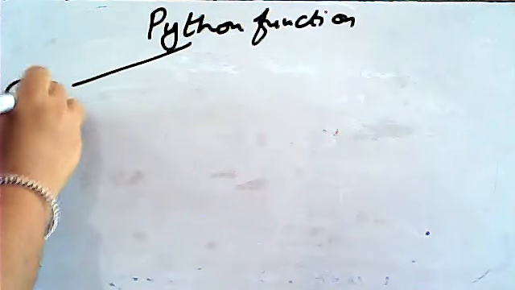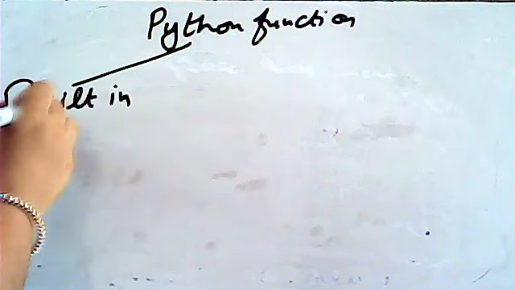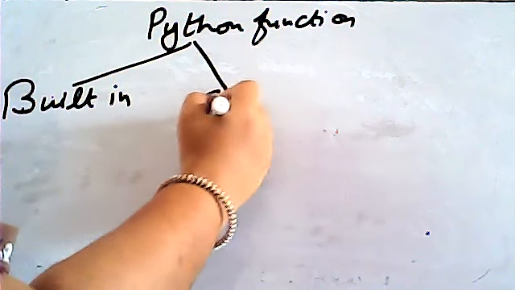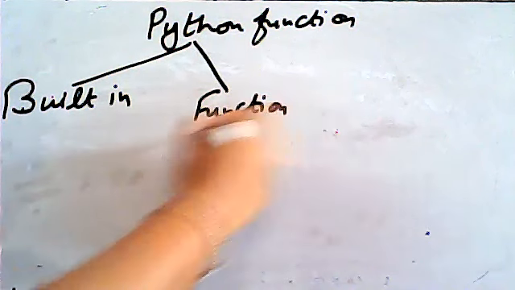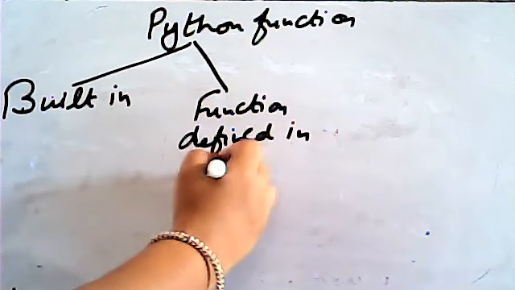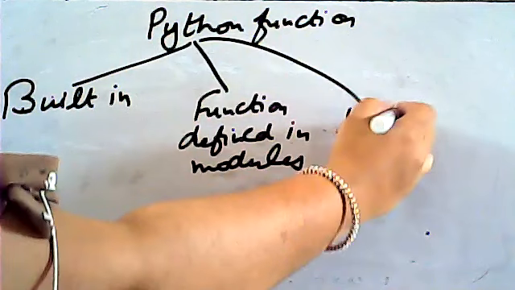One is built-in. One is built-in function. Second is function defined in modules. And third is user defined functions.